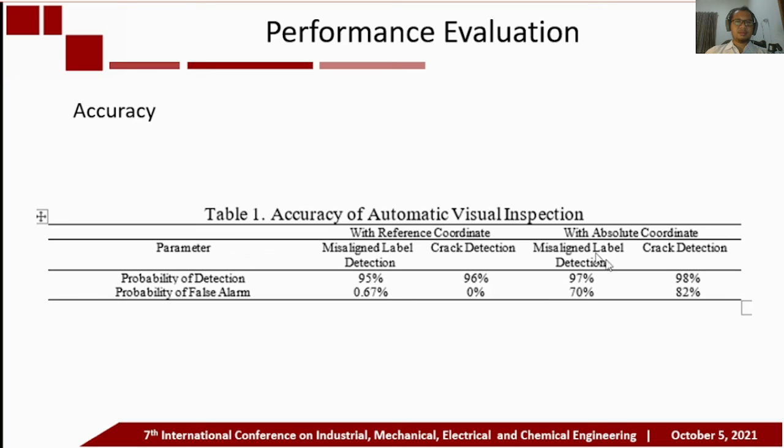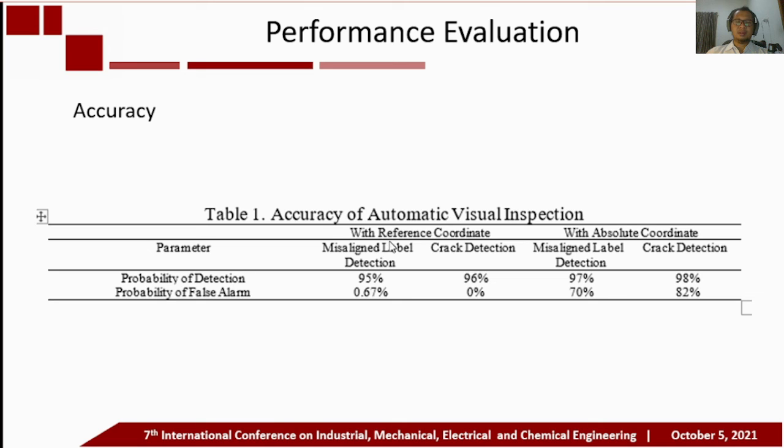And then we made a performance evaluation, for which we have 100 images as ground truth, and we simulate it in the computer using our proposed algorithm. Here we have a comparison of the detection performance in terms of probability of detection and false alarm.